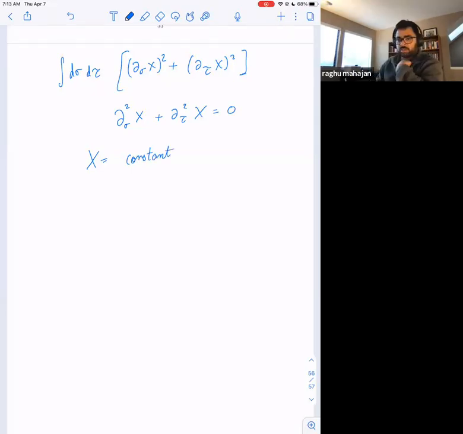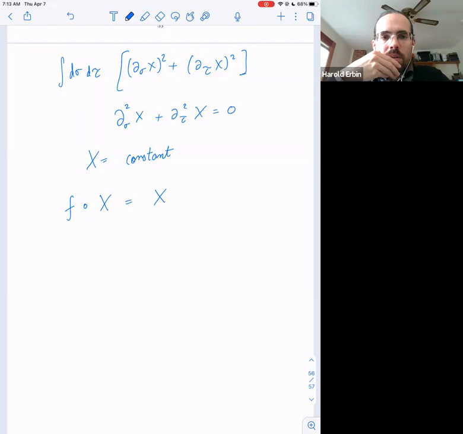So these are the solutions with the lowest action, and any SL2C map acting on a constant x gives the same x again, right? So what you say is that when you have the two punctures, you get a delta function on the right-hand side, and so you have different saddles.